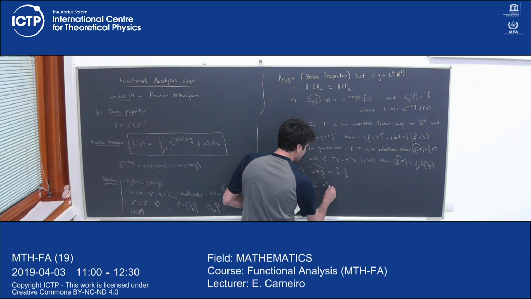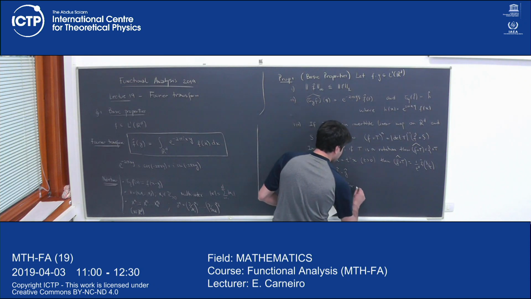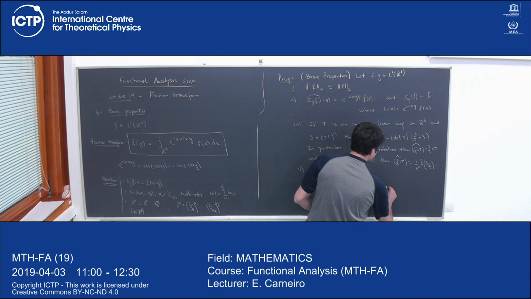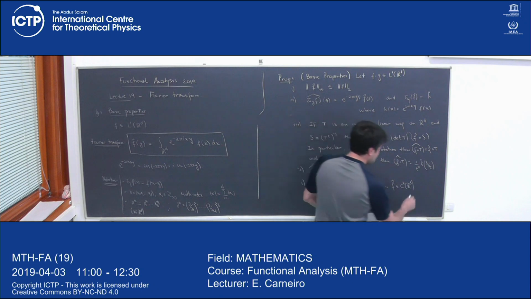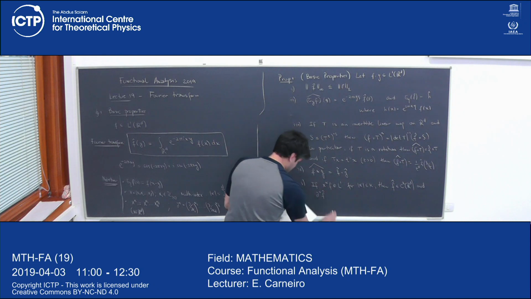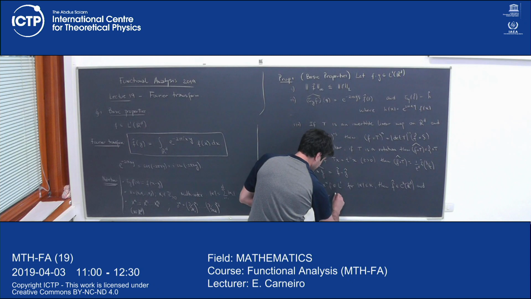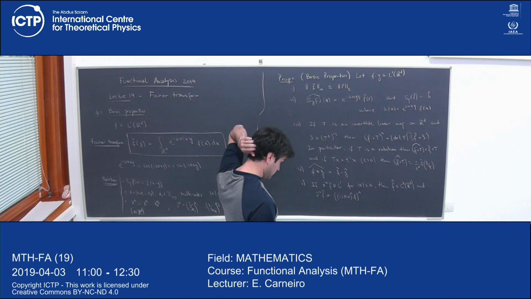If x to the alpha times f belongs to L1 for any multi-index alpha less than or equal to k, then f hat belongs to C^k of R^D, and the partial derivative alpha of f hat is just this thing: minus 2 pi i x to the alpha f, hat. Yes.